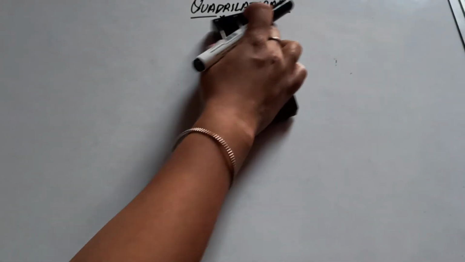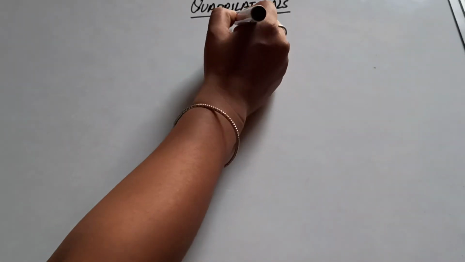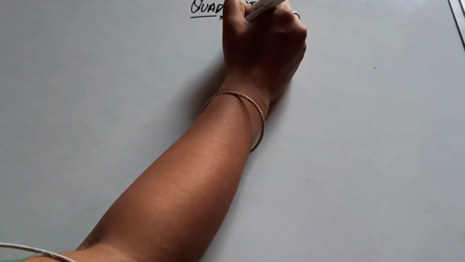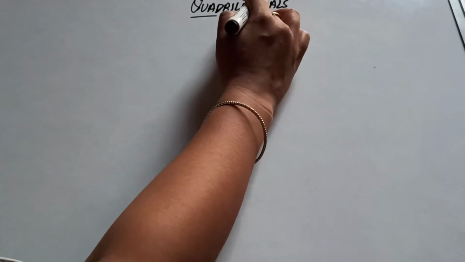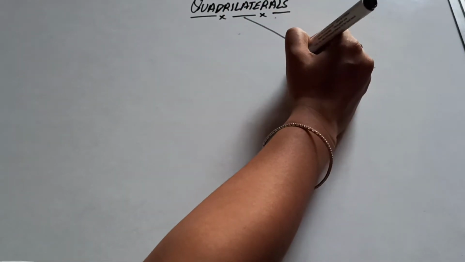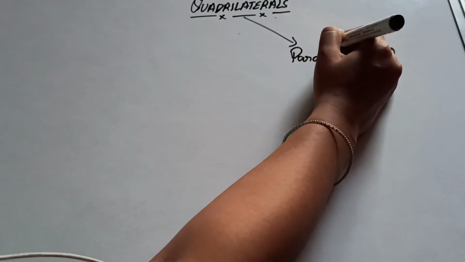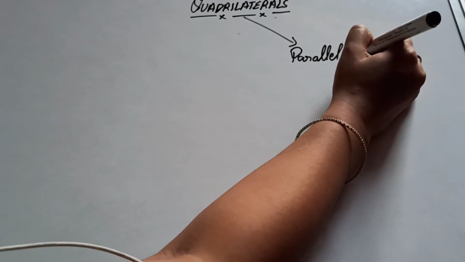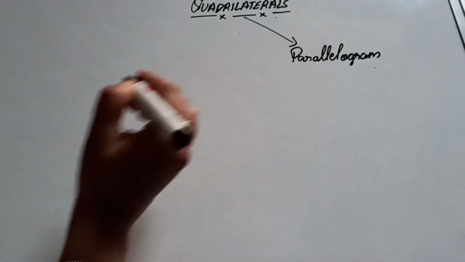Now, when we discuss quadrilaterals, meaning all the figures that are made up of line segments and having four sides, we are going to discuss one thing, which is the parallelogram. As the name suggests, it has parallel sides.